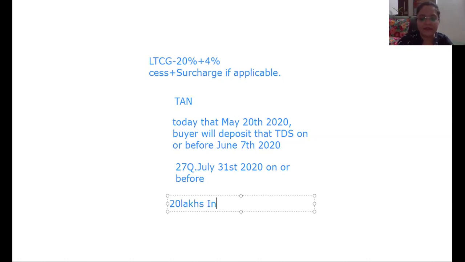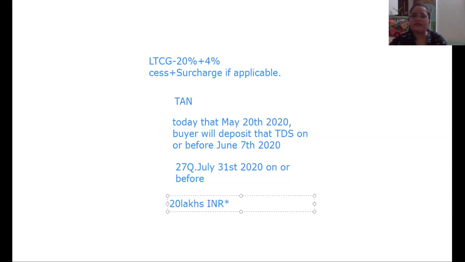Then in that case, this is to be multiplied with the cost inflation index for 2020-21, if the sale is happening today. And from where are we going to find the cost inflation index for 2020-21? The government is going to release the data. Suppose the cost inflation index for 2019-20 was 289.